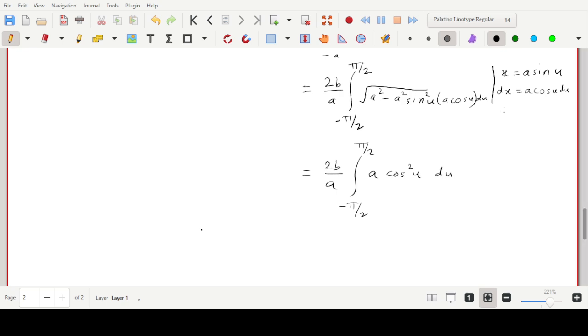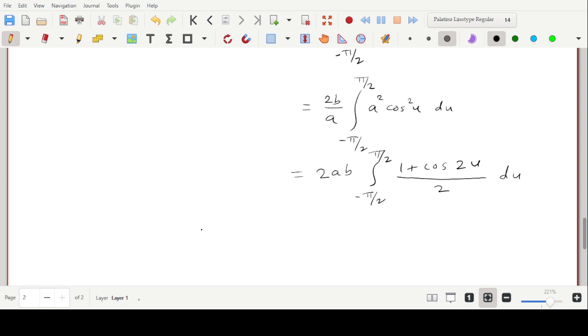This a and this a will combine together to give us a square, and if we take this constant a outside the integral sign, it becomes 2ab, integral from negative pi over 2 to pi over 2. Now we need to integrate cos square of u, which can be integrated using our usual formula: 1 plus cos of 2u divided by 2.